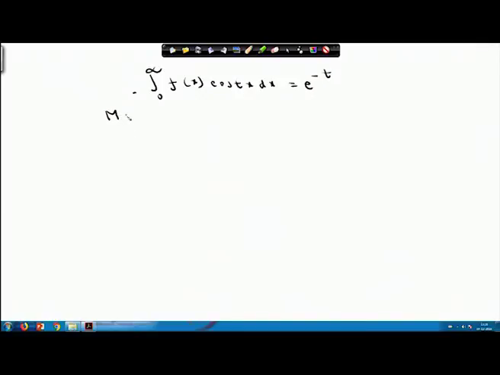Now, multiply both sides by root over 2 by pi.